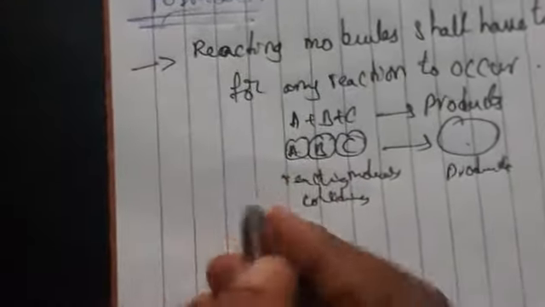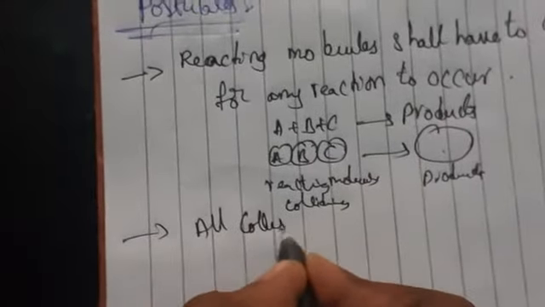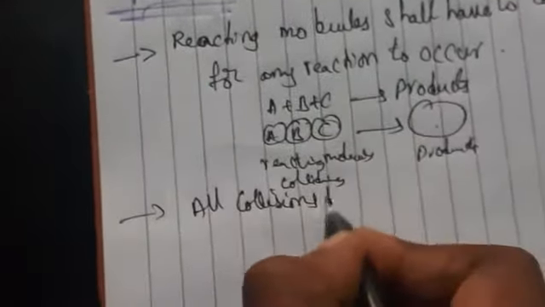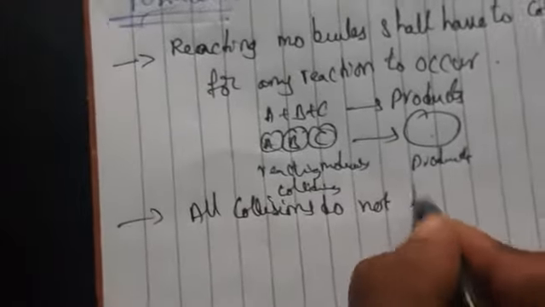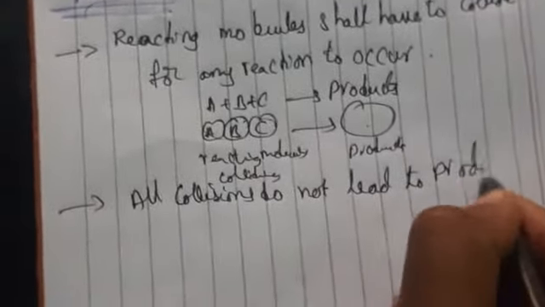Next, all collisions do not lead to products. Generally, I have told you that collisions produce products, but only in some reactions do they take place.